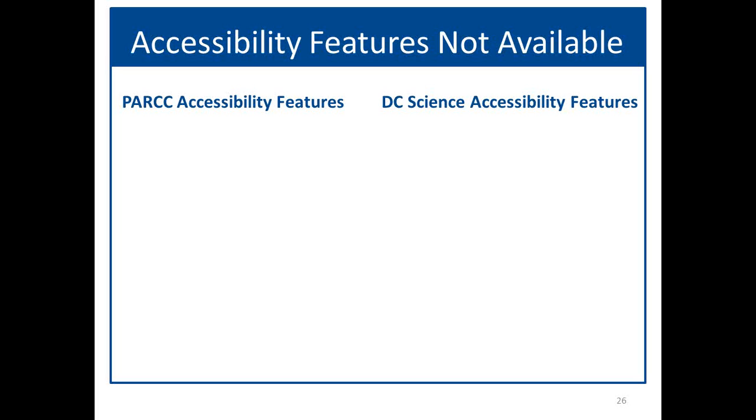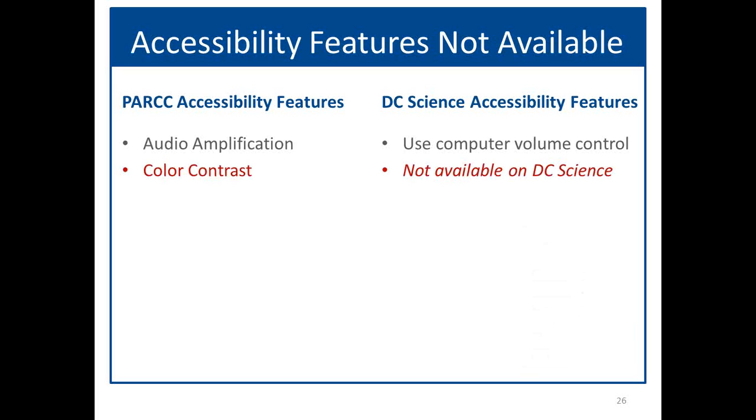There are accessibility features that were available for PARCC that are not available on the DC Science assessment. Audio amplification is not available, however, you can use your computer's volume control. Color contrast is not available for DC Science.